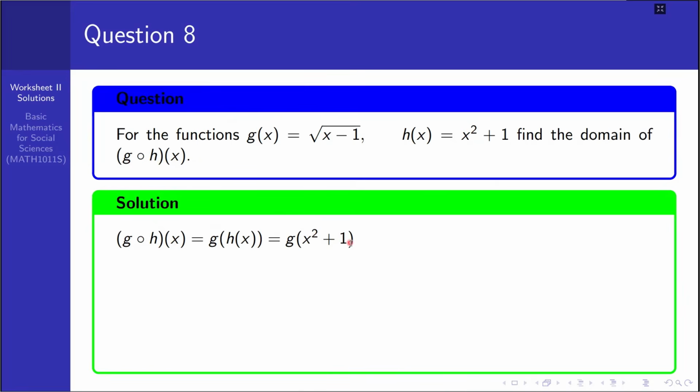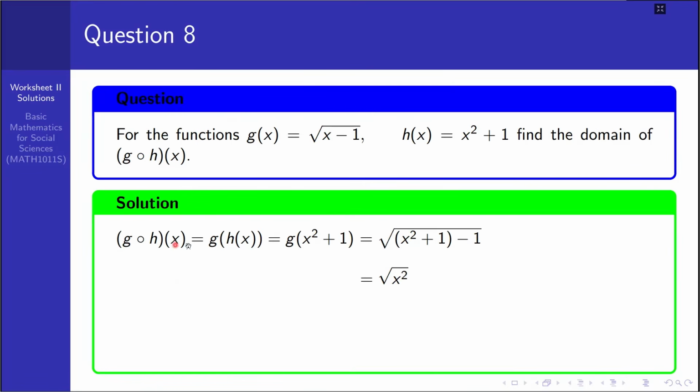But the output of this x under g is just the square root of the input minus 1, so that is equivalent with the square root of x squared plus 1 minus 1, which is equal to the square root of x squared. Therefore, this is g composed of h of x.